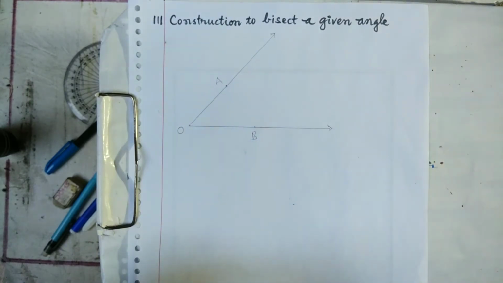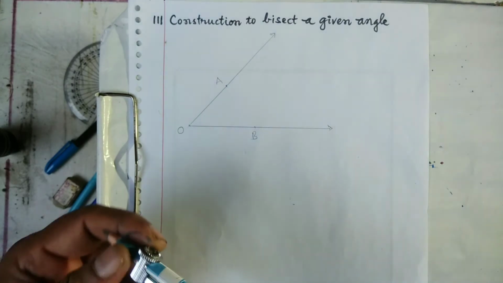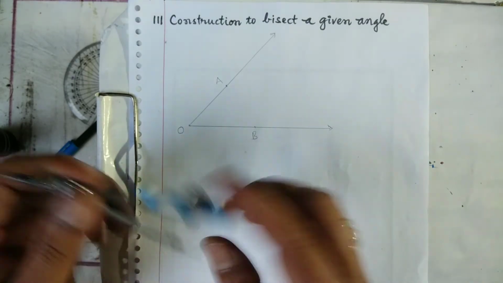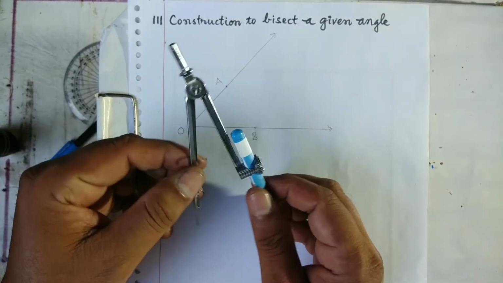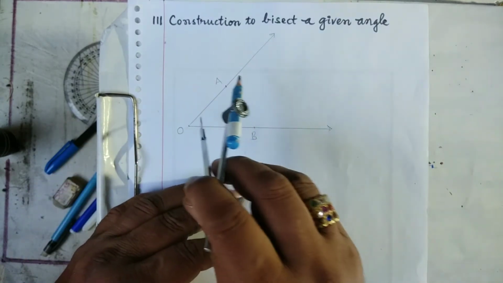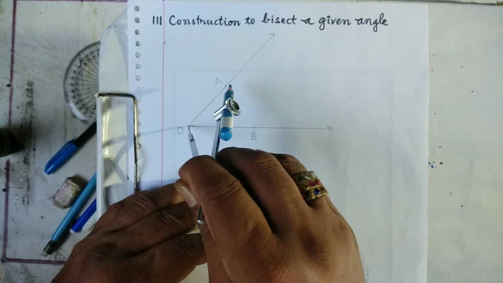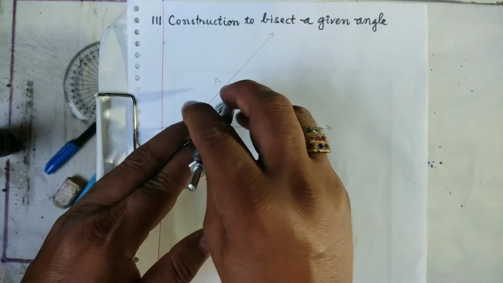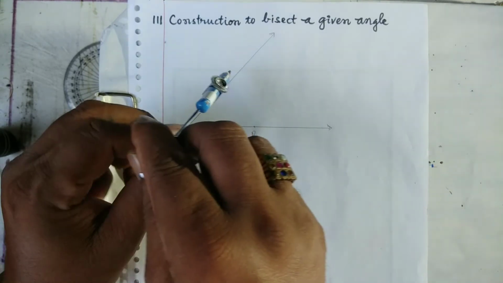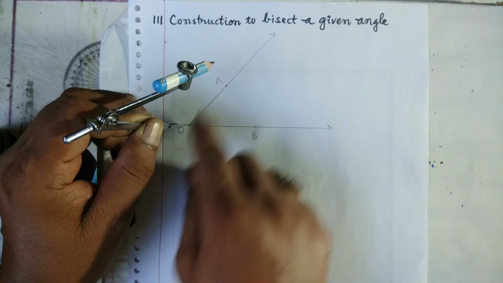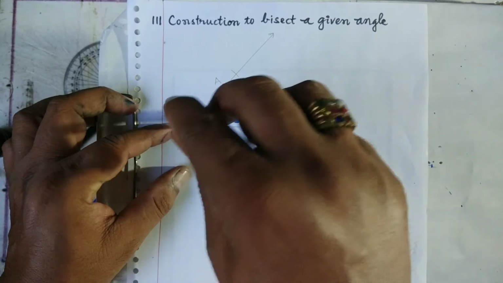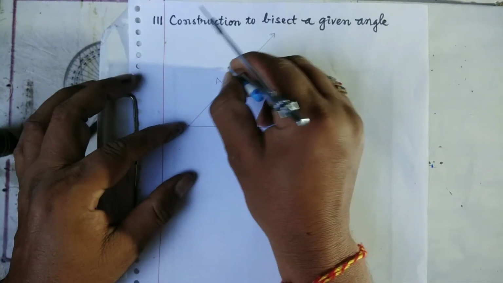To bisect this angle, we have to take a compass, O as center, cut these two rays of this angle OA, OB at C, D. More than half of this CD.